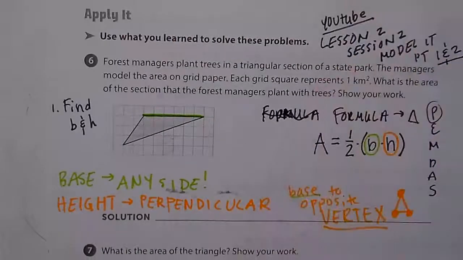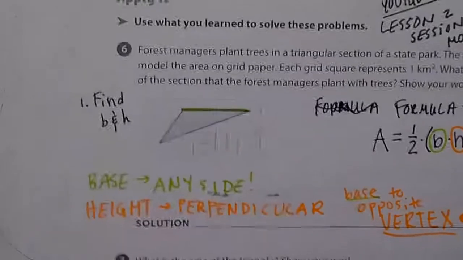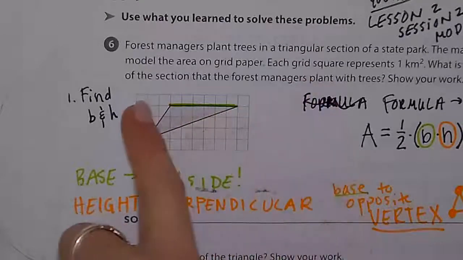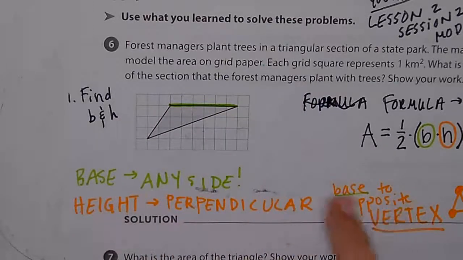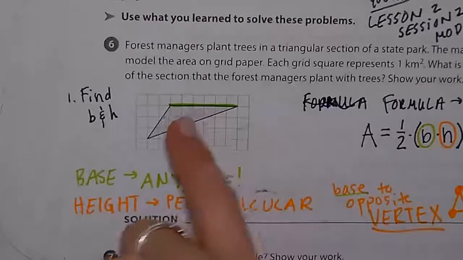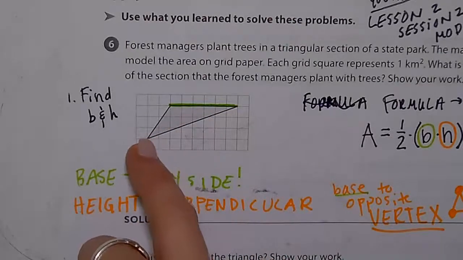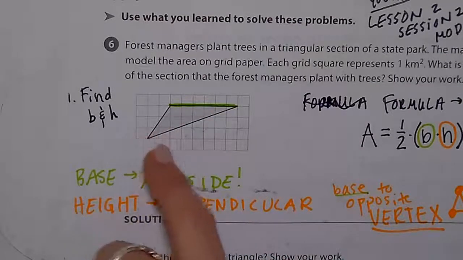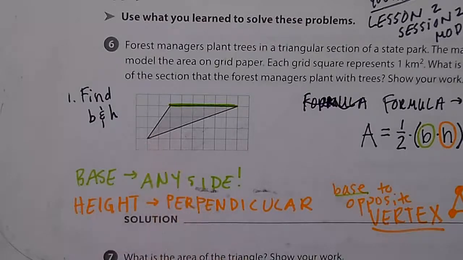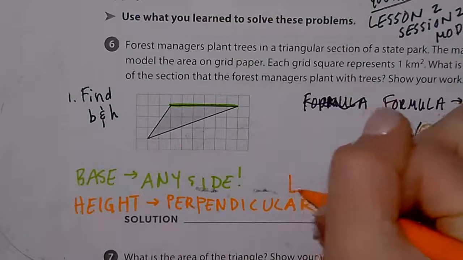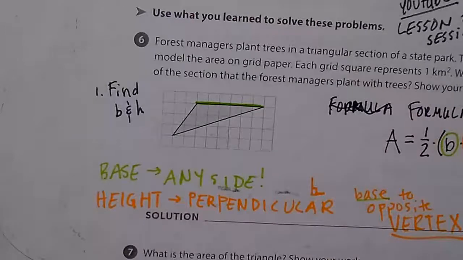Looking at my triangle here, and I'm going to zoom in just a little bit, we found our base up top, and now we need to draw a perpendicular line from the base to the opposite vertex, which is this one all the way over here. Remember, it has to be perpendicular. It has to have that perfect L shape, that right angle.